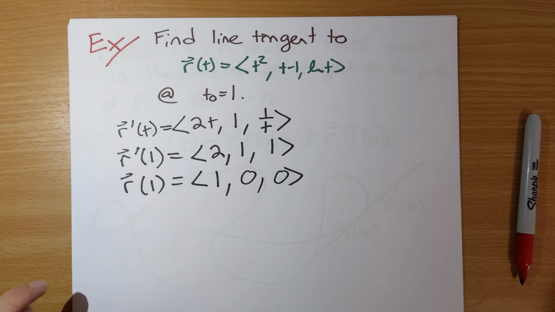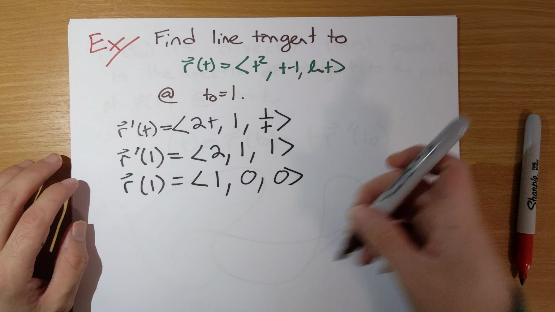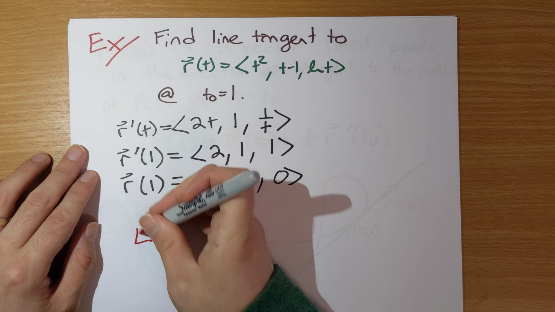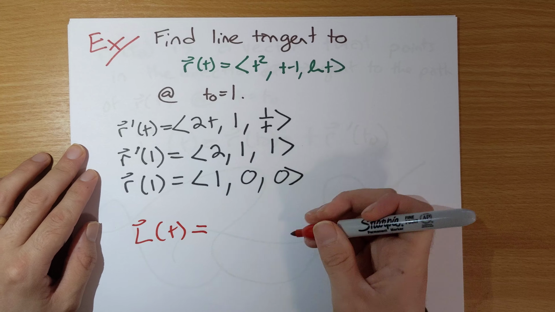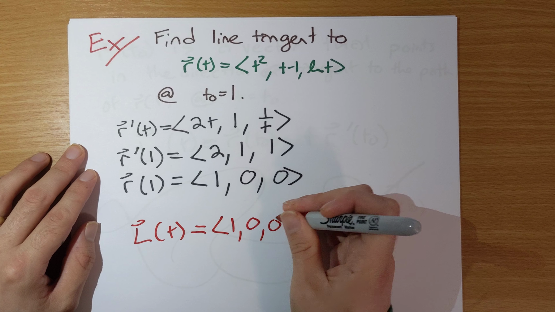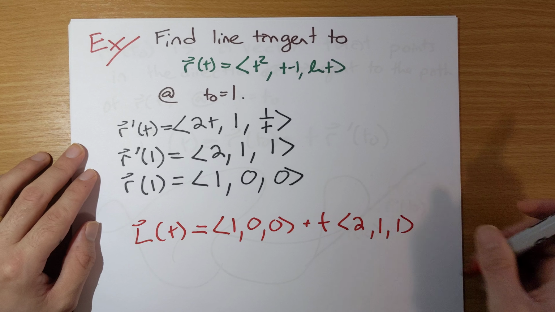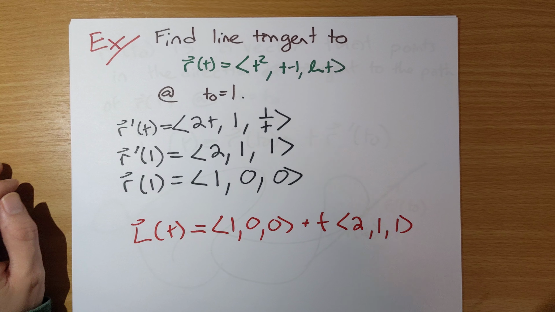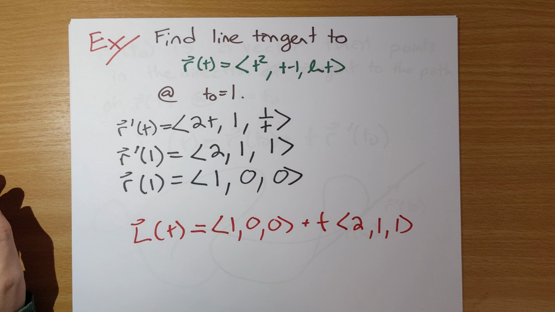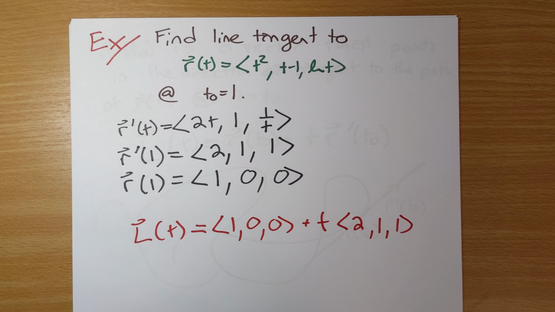So take these two pieces of information. Our final answer here, L of t, is 1, 0, 0 plus t times 2, 1, 1. So this is how you use the derivative to find the equation for a tangent line to your curve.